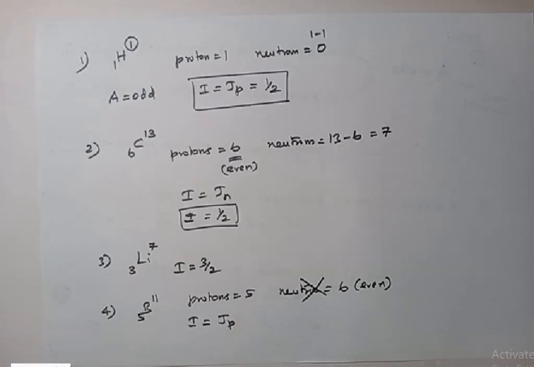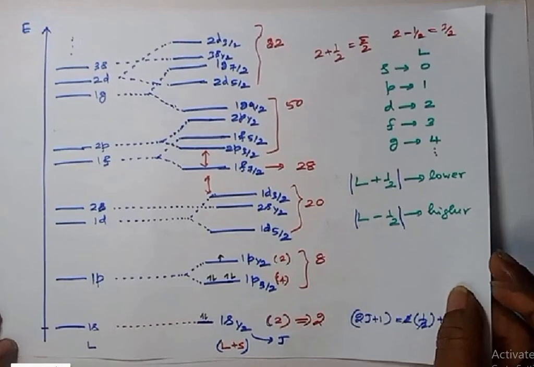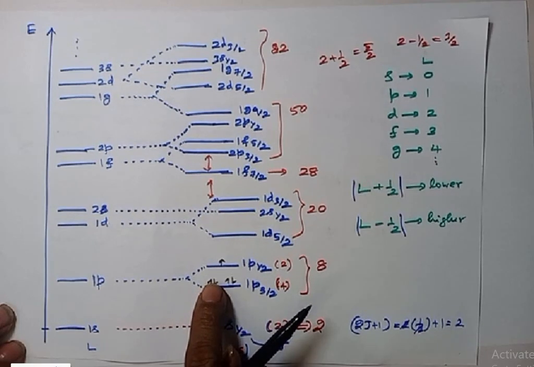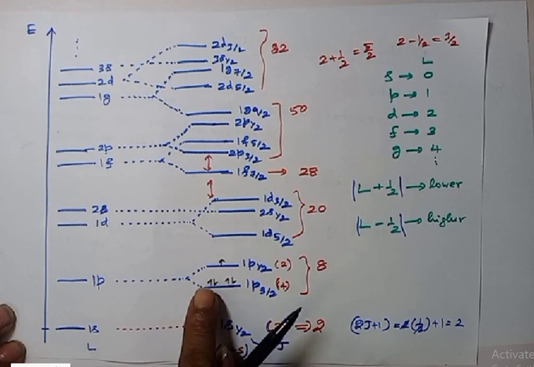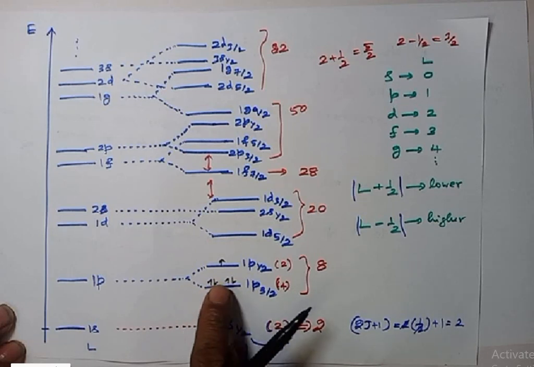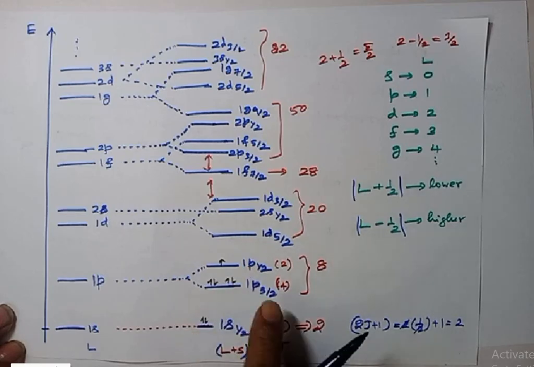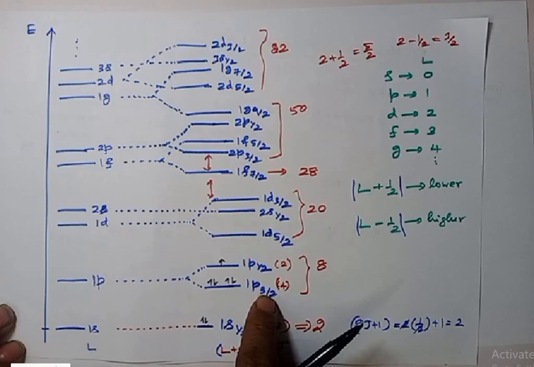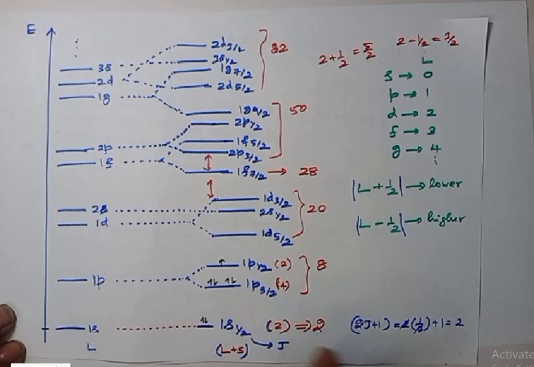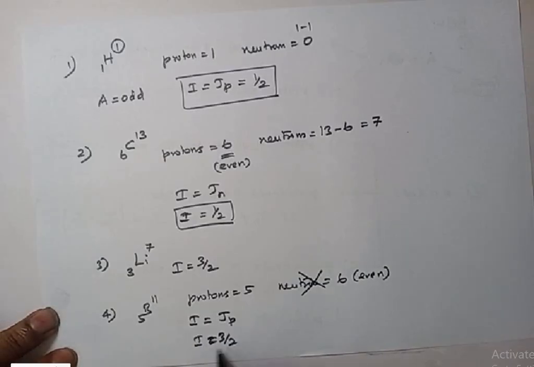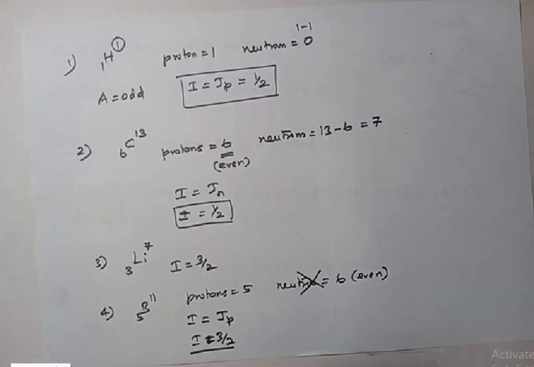Arrange the 5 protons in the subshells. 2 here paired up, then 3 and 4 get paired up. The fifth one is the odd one. For the odd one, the j value is 3/2. Therefore, I is equal to 3/2 for B-11.